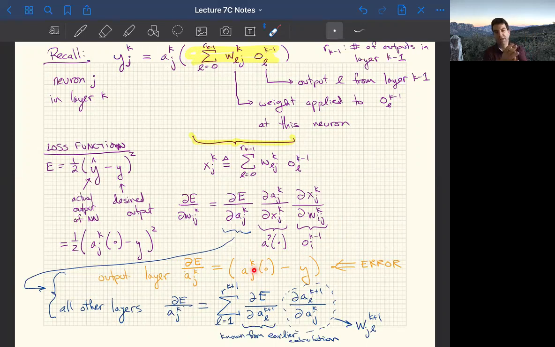And then once I know all of those partial derivatives right here, I now have enough information to calculate the partial derivative with respect to the weights of the next layer back. So once I calculate this for the output layer, I now have enough information to calculate this for the next layer back from the output layer. And then I will use this total derivative function here. And then I can keep doing that. Once I have one layer, I can keep pushing it back.